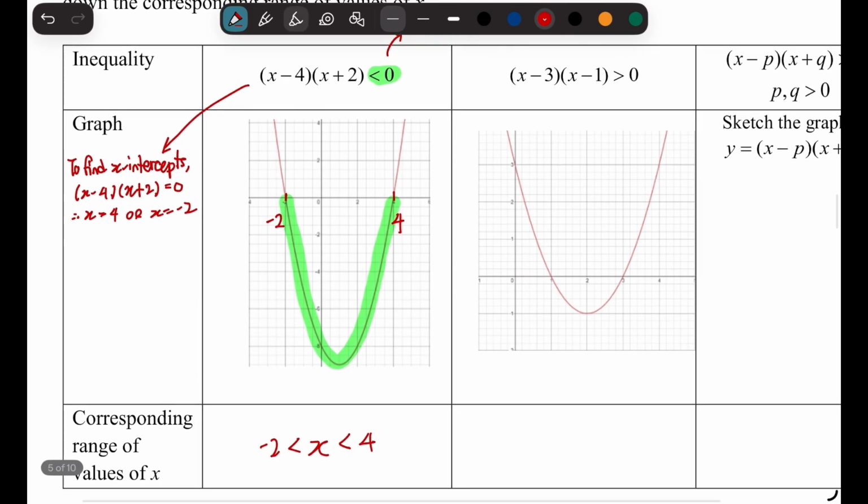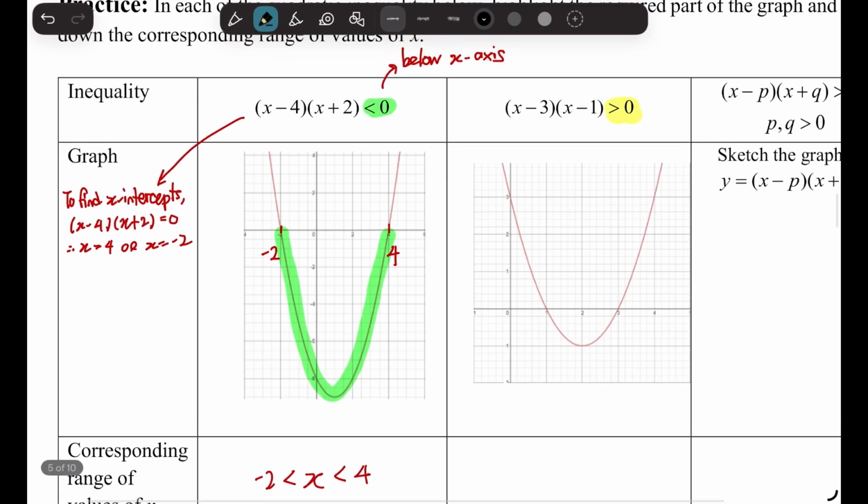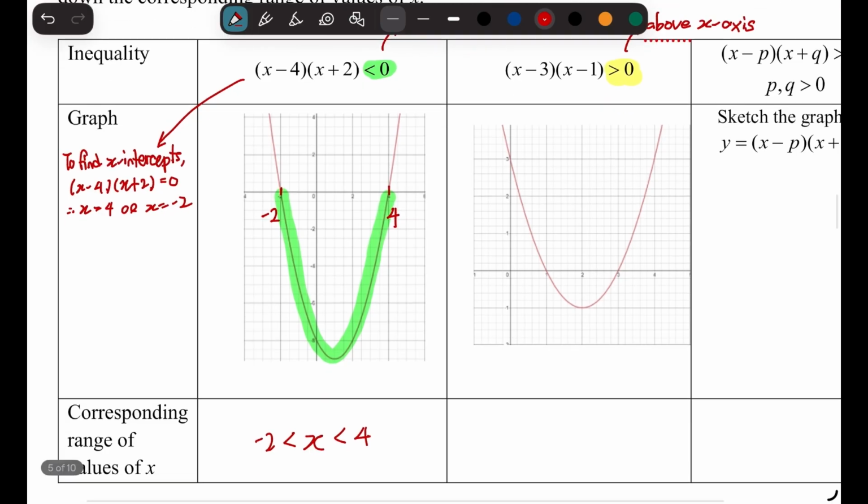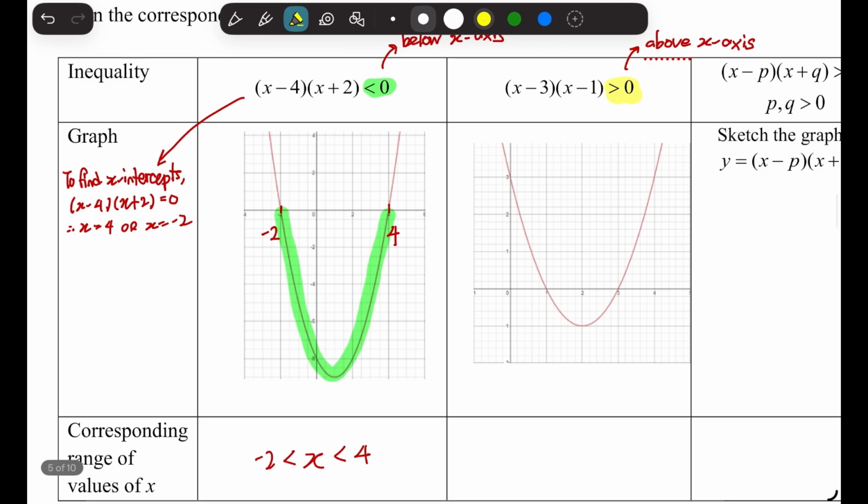Okay. Likewise, over here, on the second inequality here, greater than 0. Greater than 0 means above the x-axis. Okay, so above the x-axis, if I were to use a highlighter to highlight, I will have this part over here and this part over here.